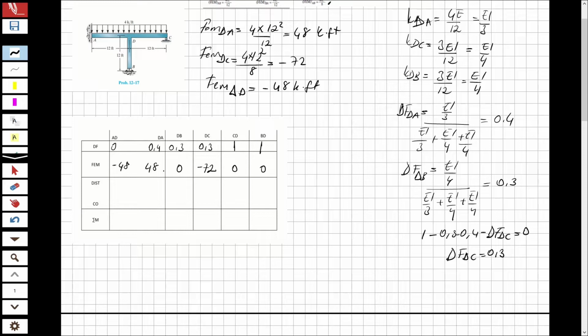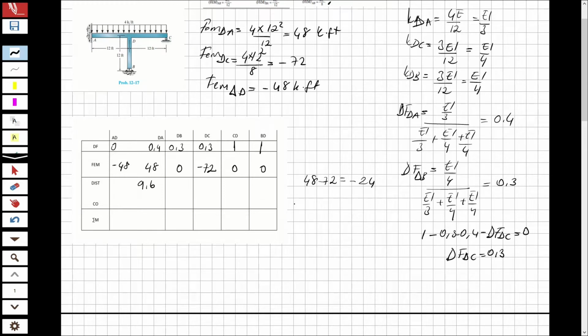So let's do it. For this joint, I'm going to take the summation of 48 and minus 72, which will be minus 24. When it's multiplied by 0.4 and by minus 1, that will be 9.6.